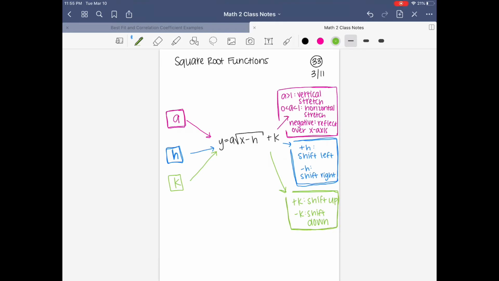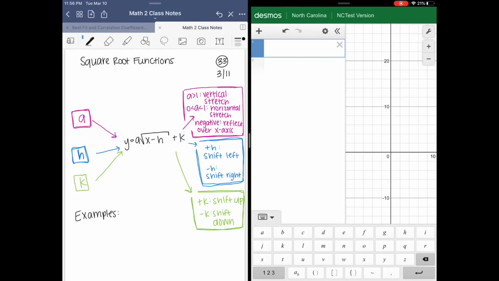So I do want to show you what these look like in Desmos. So I'm going to pull up Desmos and we are going to look at some effects of these graphs, and we'll do a few examples down at the bottom of this page. All right, so I've pulled up Desmos and we are going to do a couple of examples together.